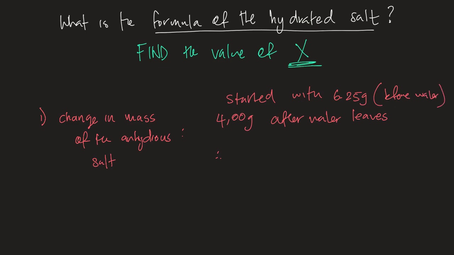Remember, you're not going to do this many steps, you're going to do it all at once. So you're going to go 6.25 minus 4.00, and that should give you 2.25 grams. So there's your change in mass.